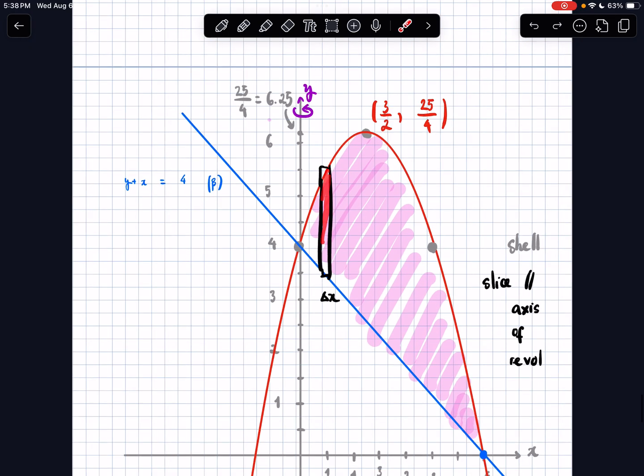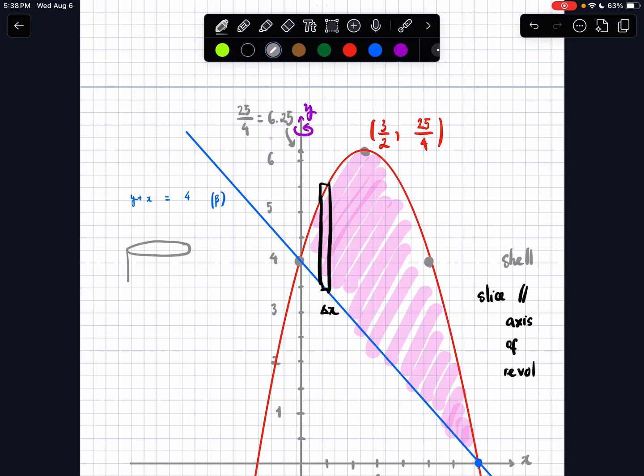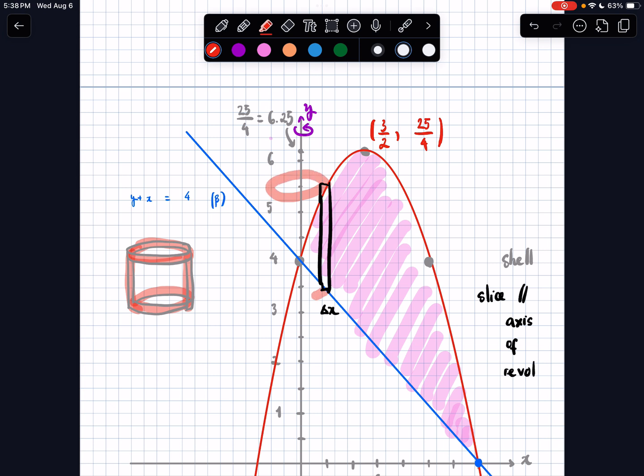When we revolve this piece about the y-axis, what we obtain is a cylindrical shell, which looks like this. So this is a thin shell that we obtain by revolving it about the y-axis.